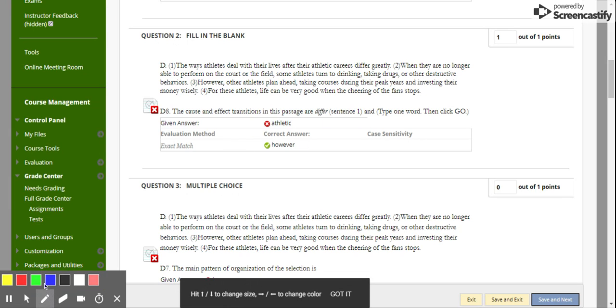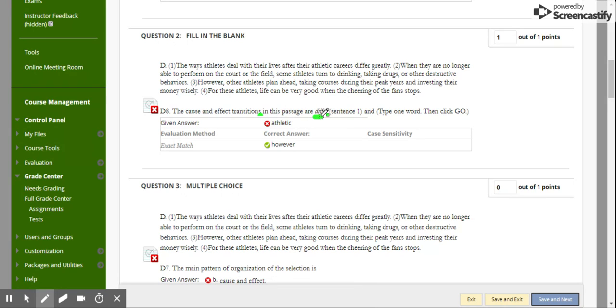The first thing to notice is the sentence. It says the cause and effect transitions, notice it's plural, in this passage are, differ, and something, and you have to type your answer, which you did. So you understood that you were supposed to type a word.